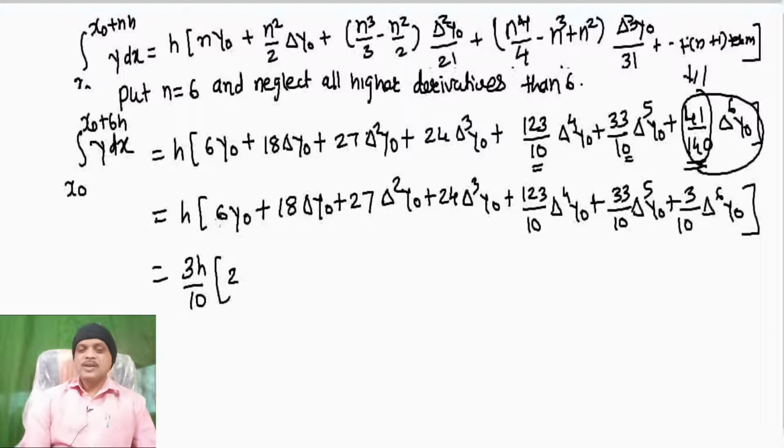From this 6 we have taken 3 common, so we get 2, but we have to multiply it by 10.